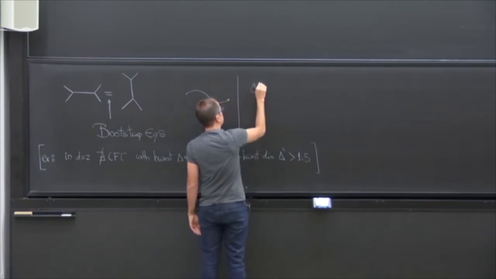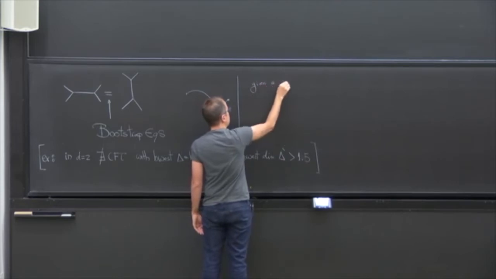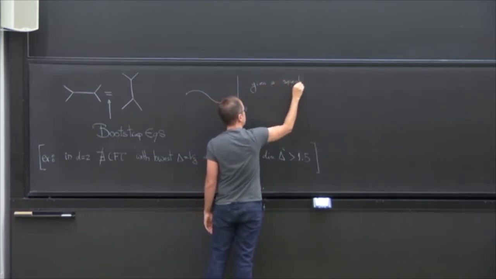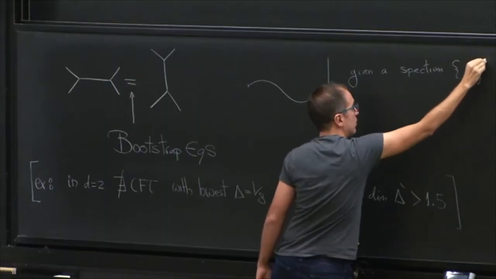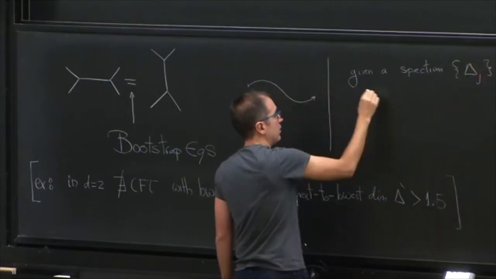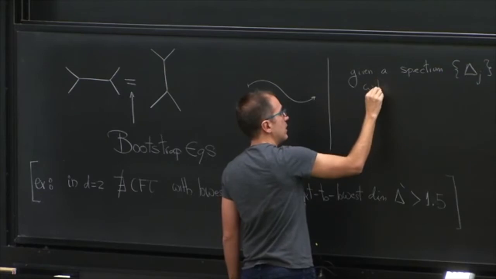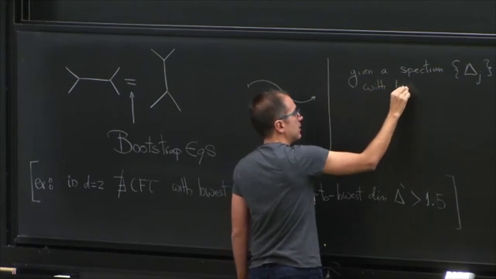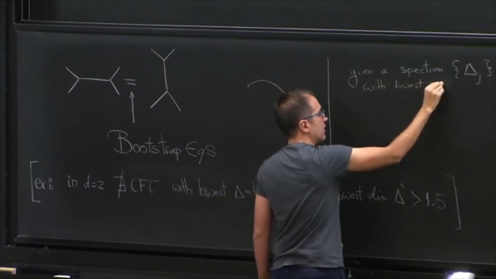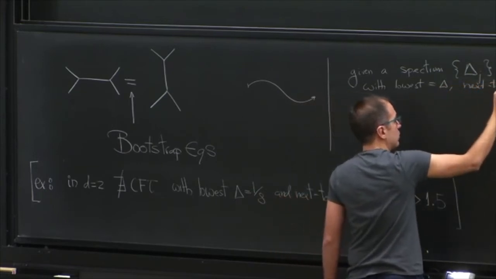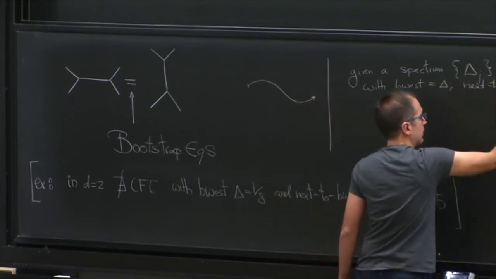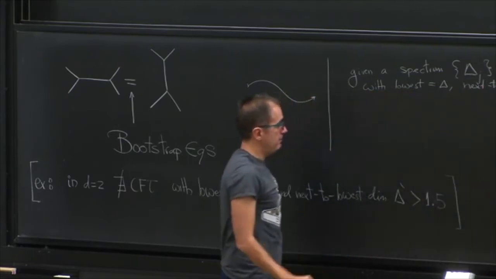Given a spectrum, a set of dimensions delta j, let's say that I have the lowest, let me call it delta, and the next to lowest, let me call it delta prime.